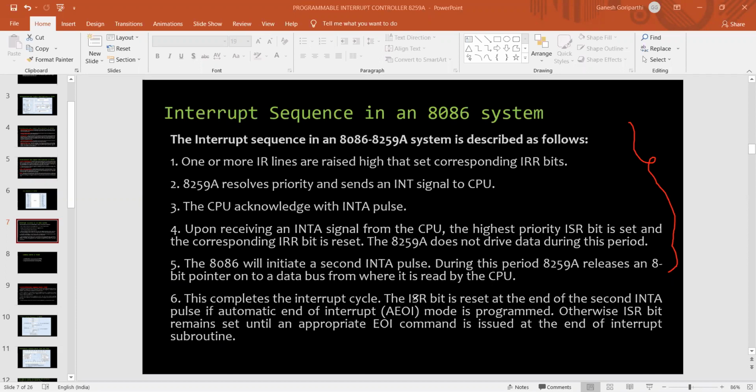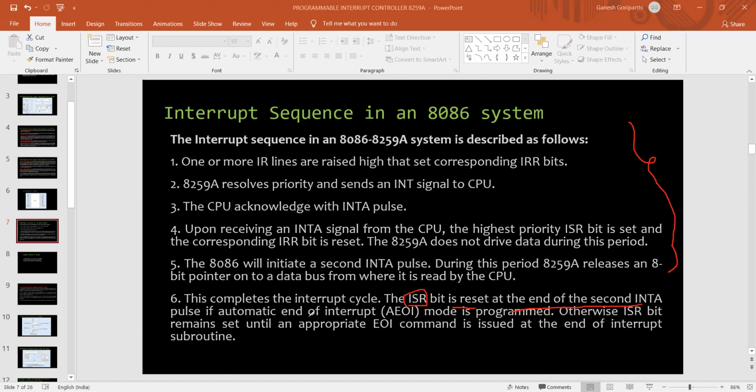And the ISR bit. ISR bit means what? In service request. The in service request bit is reset at the end of the second INTA pulse.